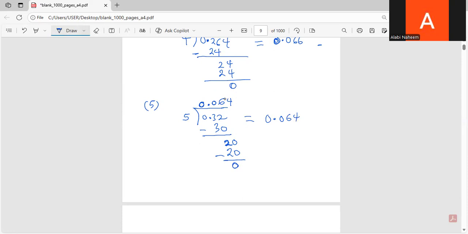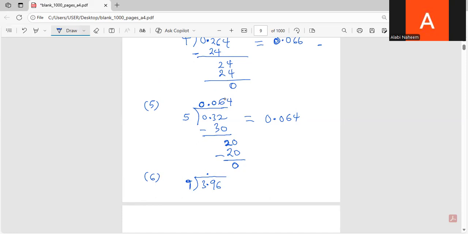The next division we have is 3.96 divided by 9. Set up the division house. 3.96, the dividend, and then the divisor is 9. So what do we have in this case? Now we start. Decimal point also should be here. So we are saying 9 in 3. What's 9 in 3? 3 is less than 9, right?